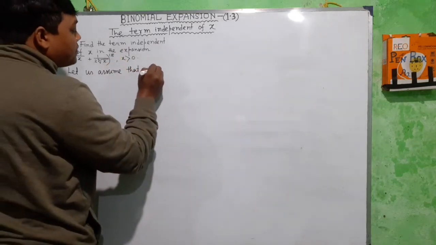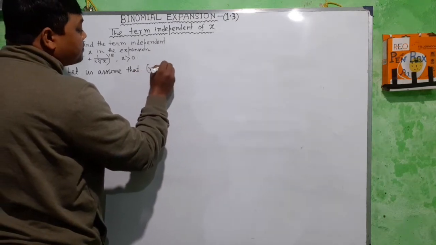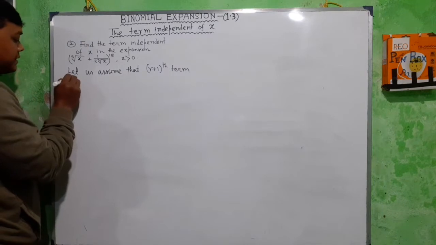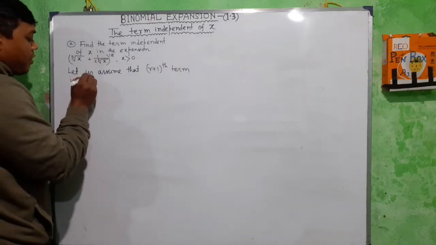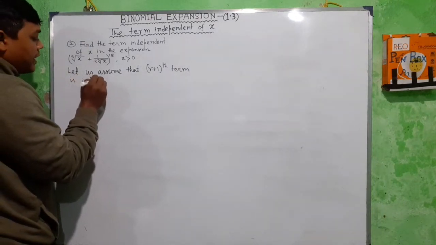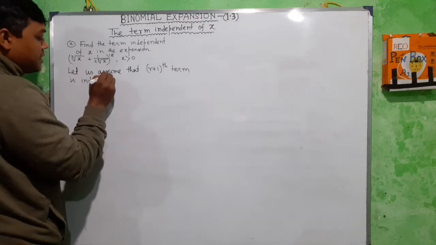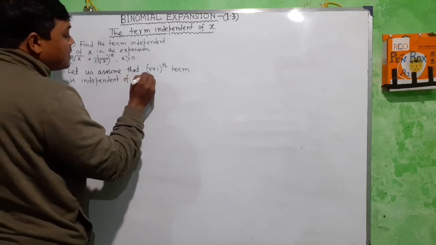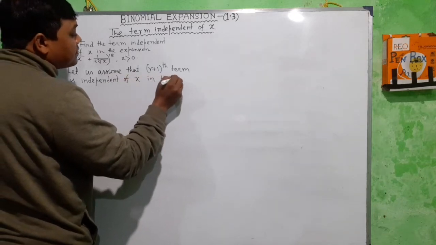the r plus 1 term is independent of x in the expansion.